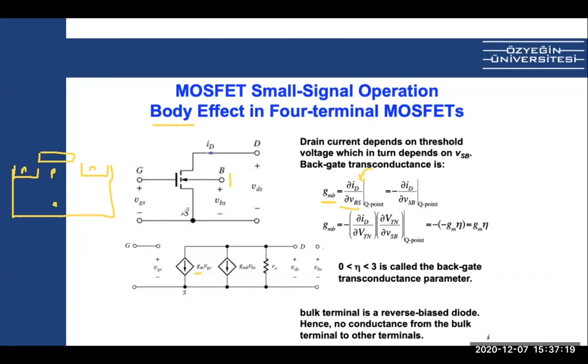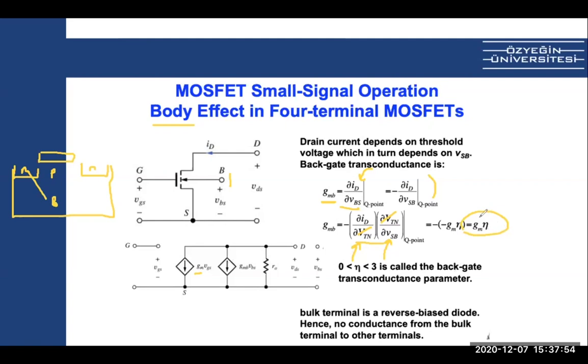I call it BS because the body usually interacts with the source. When we do the derivative, we divide it into two parts, because these can cancel, but it's good to divide it because we can easily write these. Anyway, now we have GM times the backgate transconductance parameter.